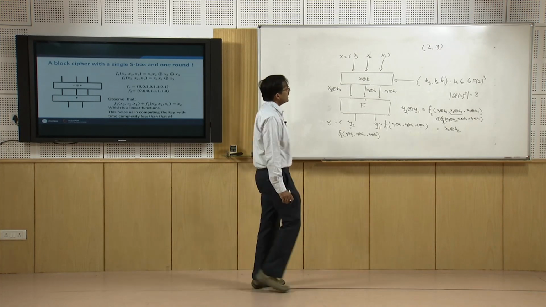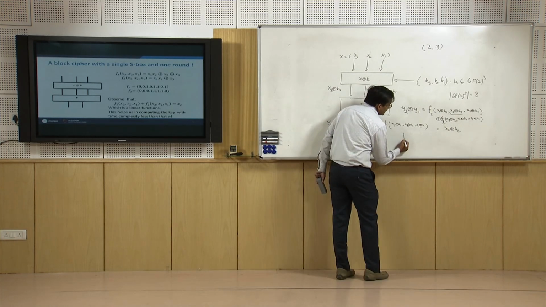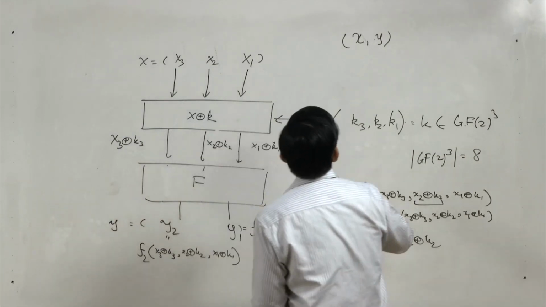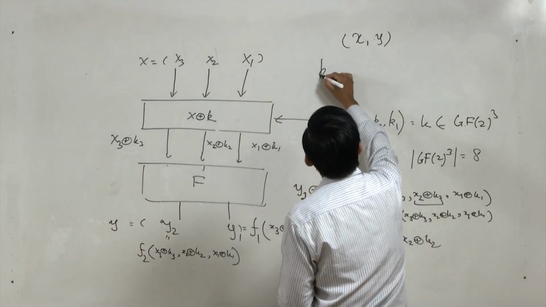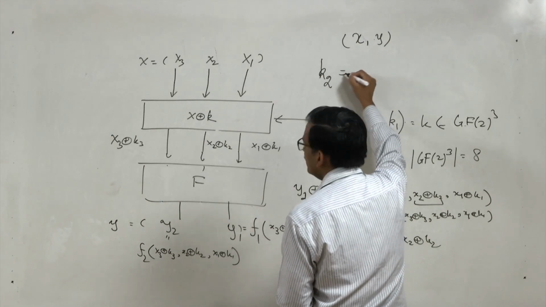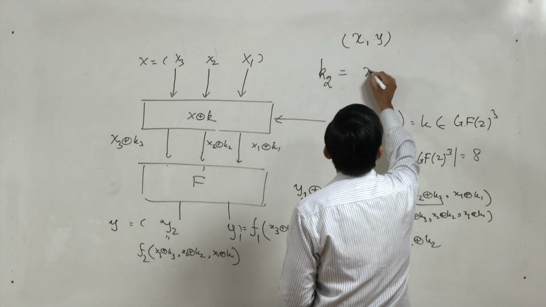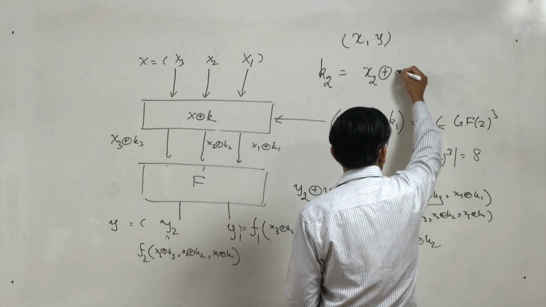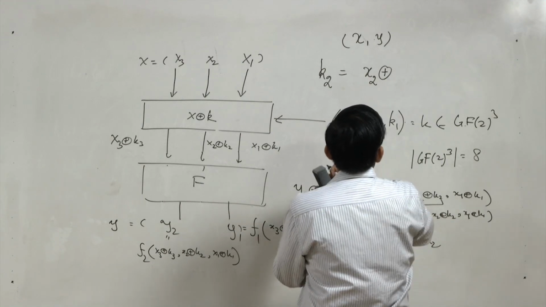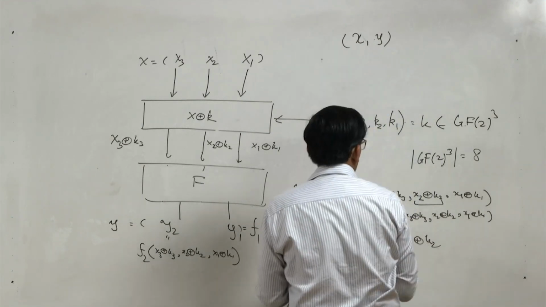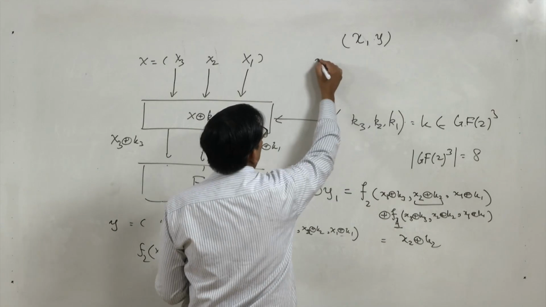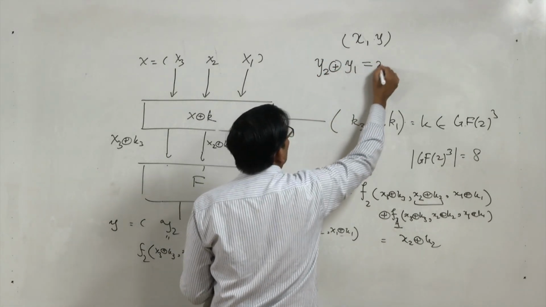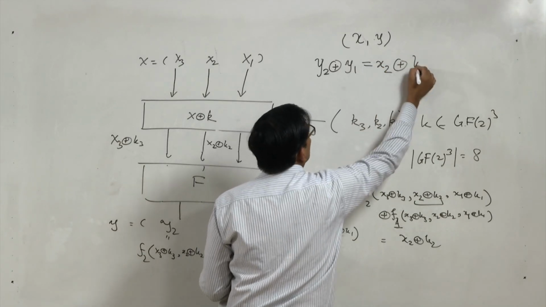Now, that means that I have got an equation involving K2. Let me write it over here. I have got this one, that means Y2 plus Y1 equals X2 plus K2.